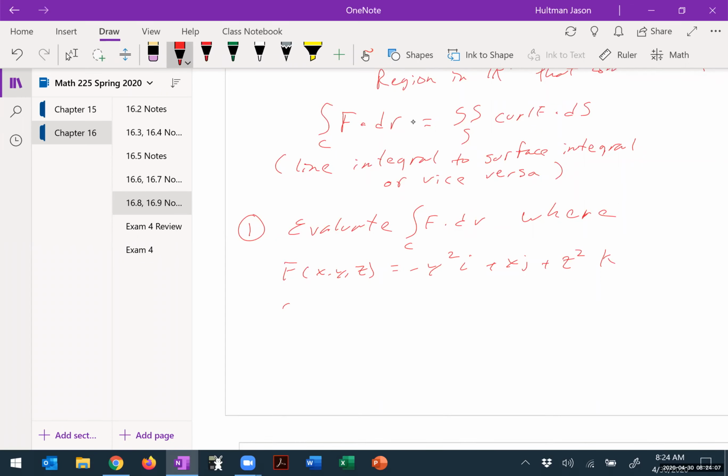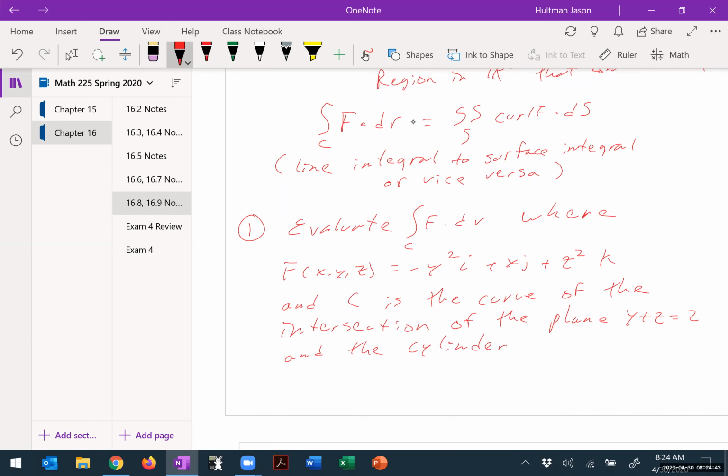And C is the curve of the intersection of the plane y plus z equals 2 and the cylinder x squared plus y squared equals 1.